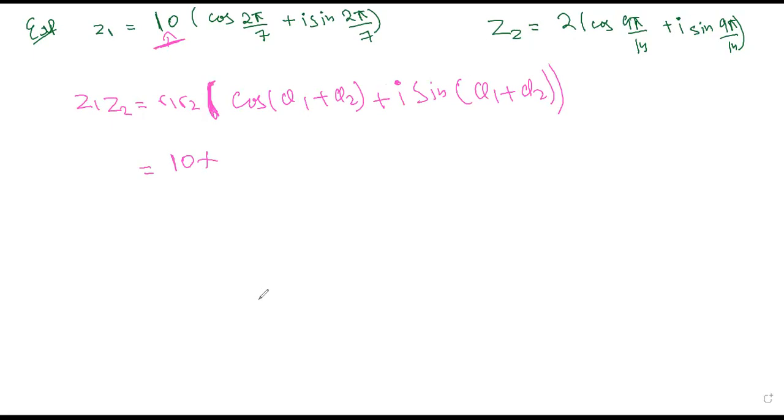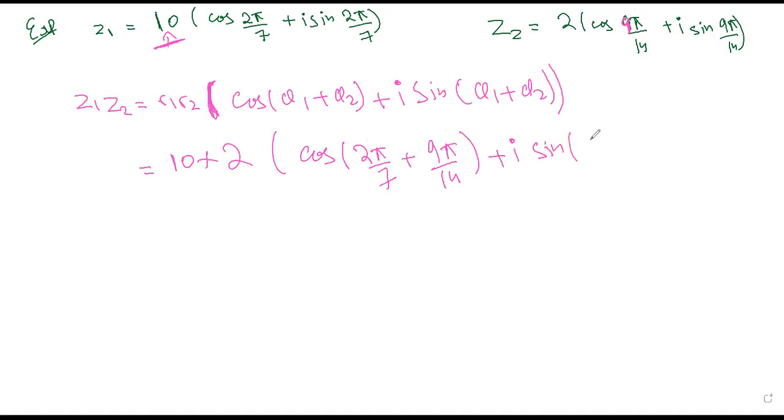R2 is 2. Very good. And cos theta 1 is, theta 1 is 2 pi by 7. Very good. And then theta 2 is 9 pi by 14. Yes, it's 9 pi by 14 plus iota sine.